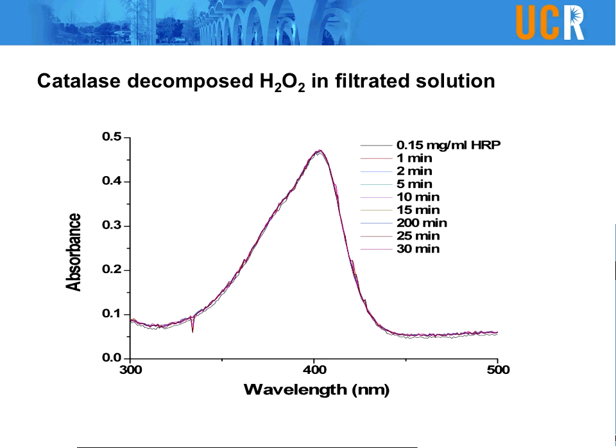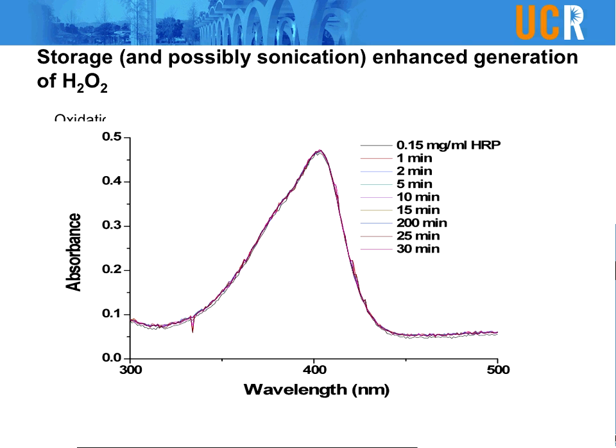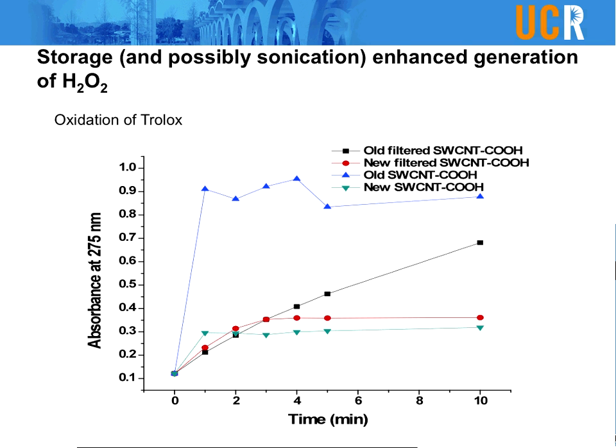Another piece of evidence we found about the generation of hydrogen peroxide is that once we add catalase to the filtrated solution, this kind of oxidation effect is no longer observed, because catalase can decompose H2O2 in the solution. This convinced us that it's the H2O2 in the solution that caused the additional oxidation effect.